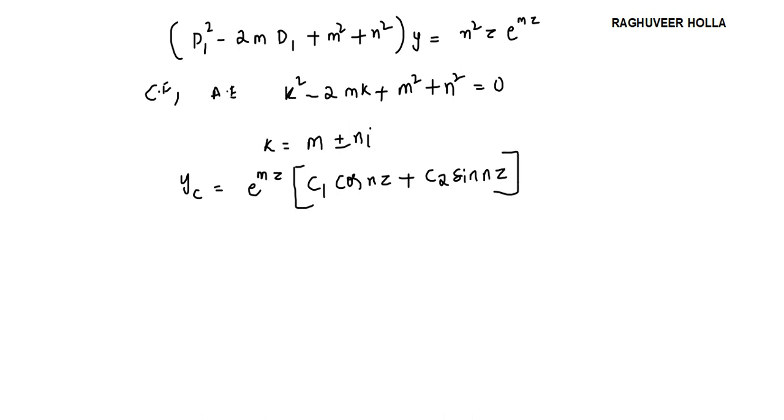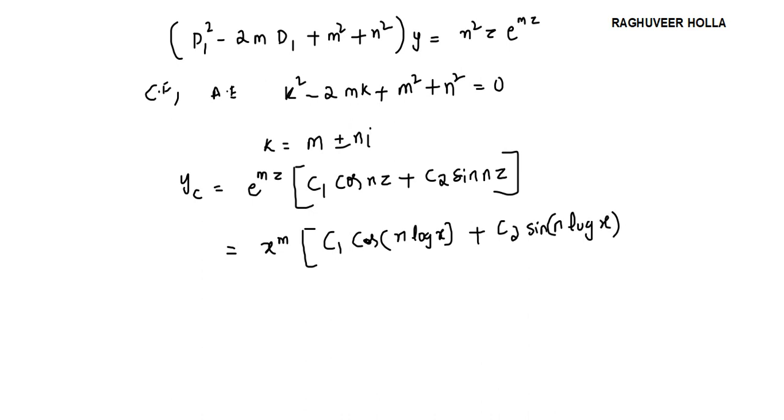Now we have taken e to the power of z as x, so this becomes x to the power of m, c1 cos of n log x, because z is log x, and likewise the same thing here, c2 sin of n times log x, plus the brackets. So what we found is the complementary function.